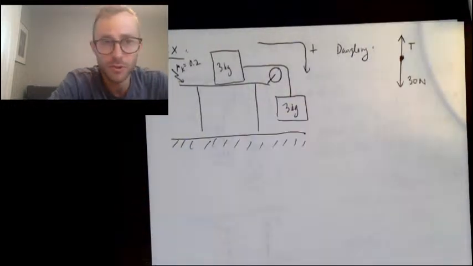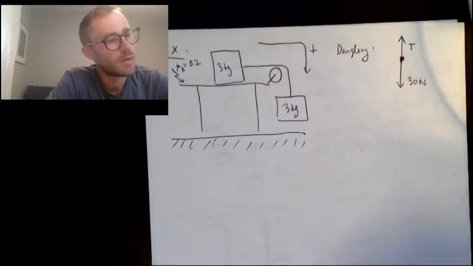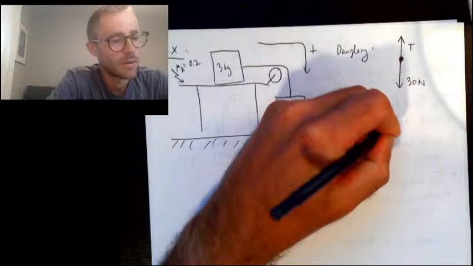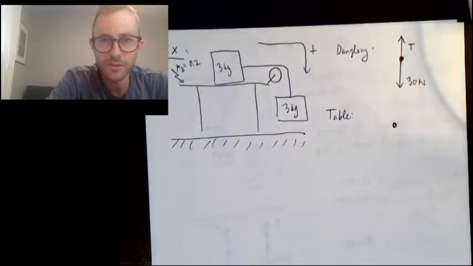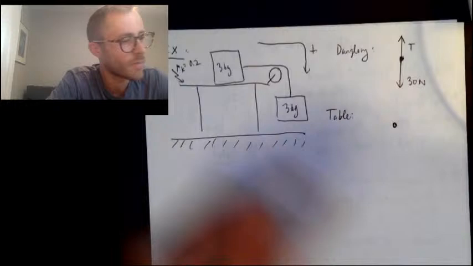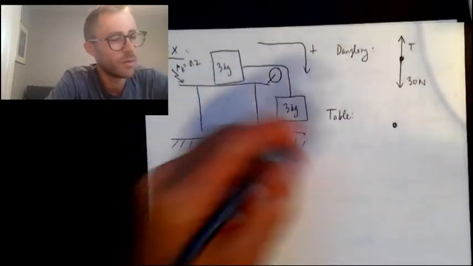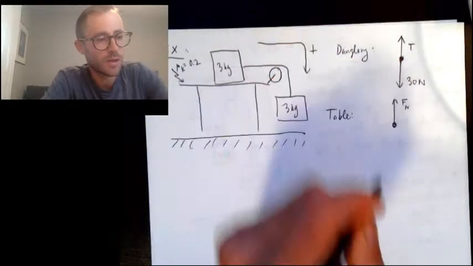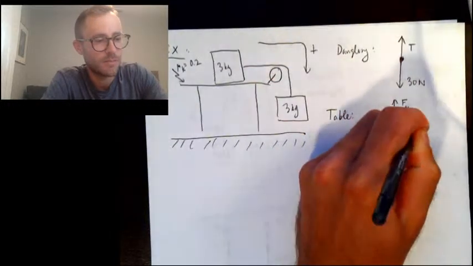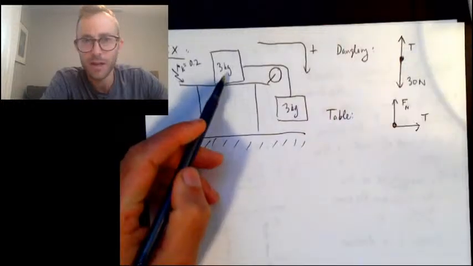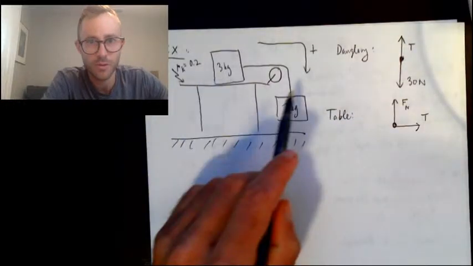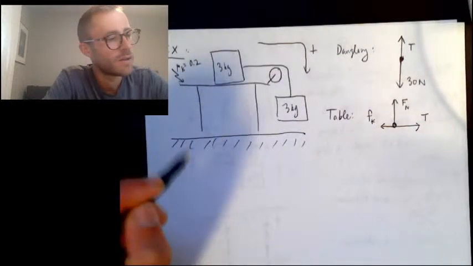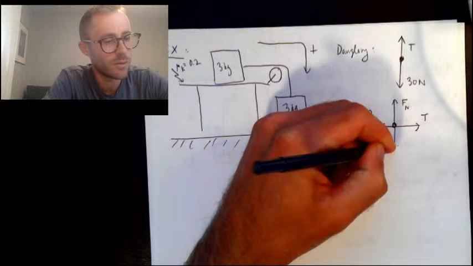And the 30 newton force is going to be the positive force. For the table mass, we are going to have the normal force going upward. We're going to have tension going to the right. Because this mass would tend to slide to the right, that means that kinetic friction is going to point to the left. And then it has, again, a 30 newton weight force going down.